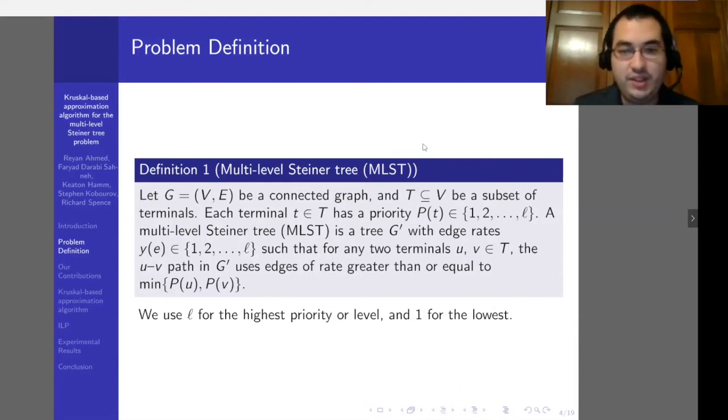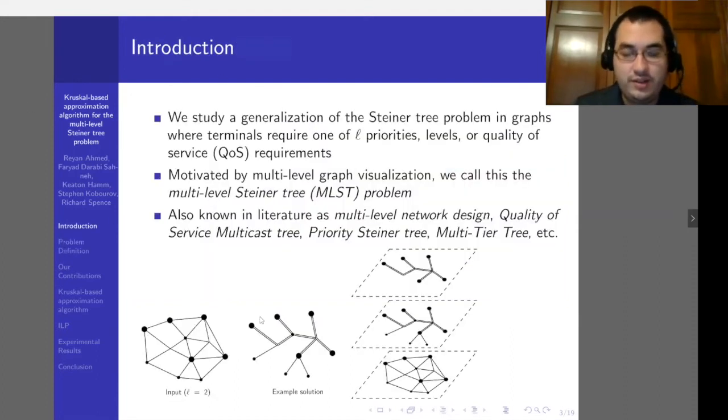We say that a multi-level Steiner tree is a tree containing edges of different rates, such that any 2 terminals, U and V, in the terminal set are connected in this tree using edges whose rate is greater than or equal to the minimum of the priorities of the 2 endpoints. In this example, we see that the priority 2 terminals are connected using rate 2 edges, and every pair of terminals is connected using edges of rate at least 1.